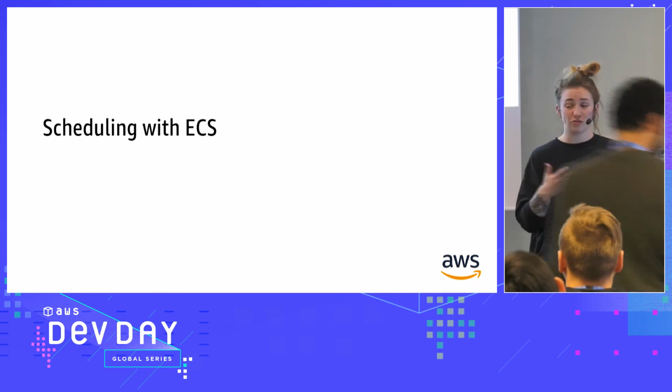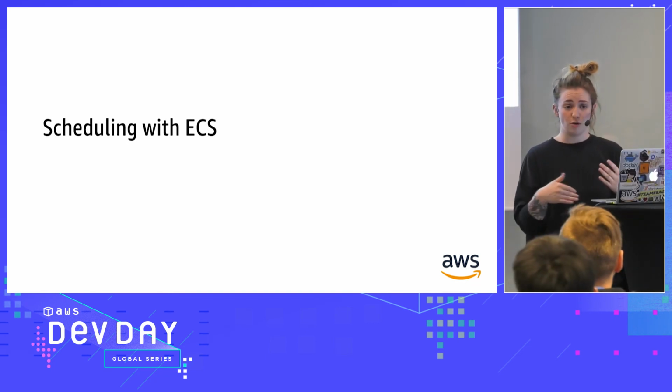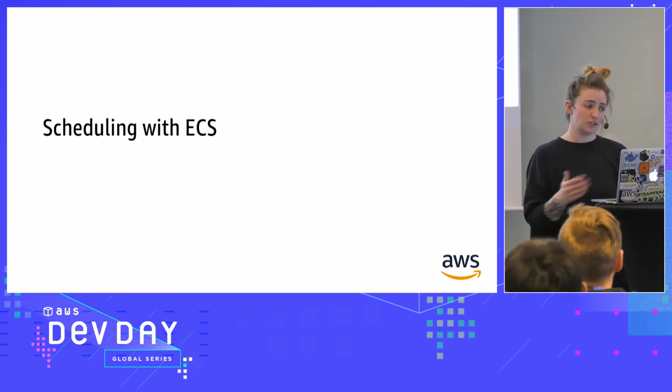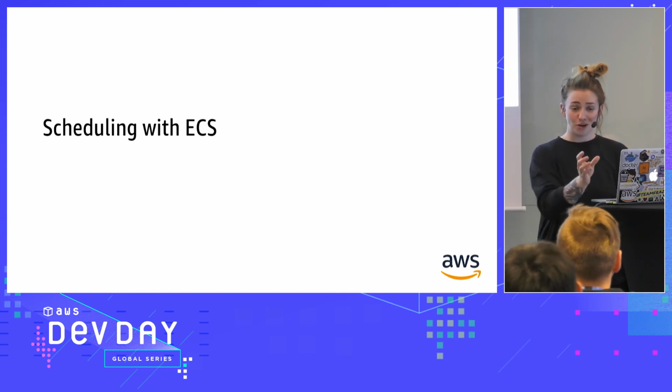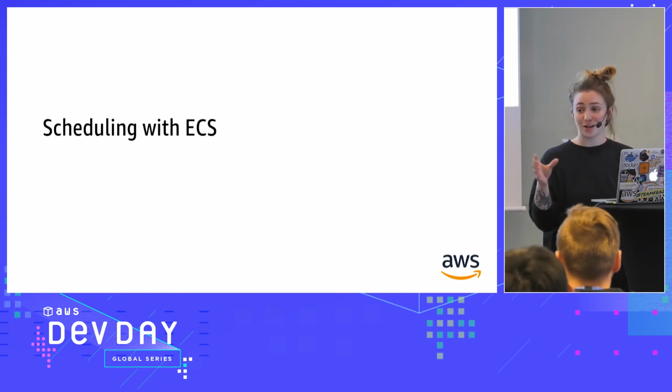So a lot of us might work for startups. I know that I worked at a startup before this, and I definitely did not want to pay to run any more instances than I had to. And part of, I think, what's really great about containers is that the utilization for monoliths for a lot of people was not that great of a percent, right? So in order to have redundancy or high availability, I had to have that one copy of that one application running on several different servers.